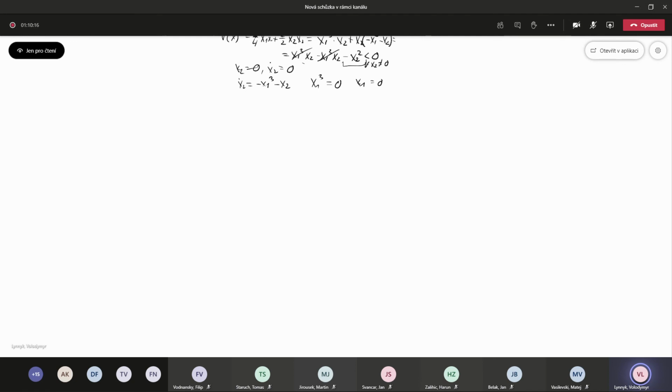And then we try another Lyapunov function, and we conclude that with this Lyapunov function we can prove the local asymptotical stability of our system, but only if the absolute value of x1 is less than root of 2 divided by 3.